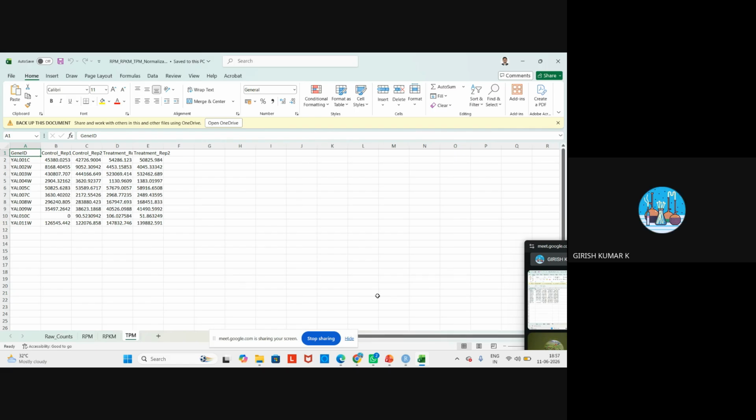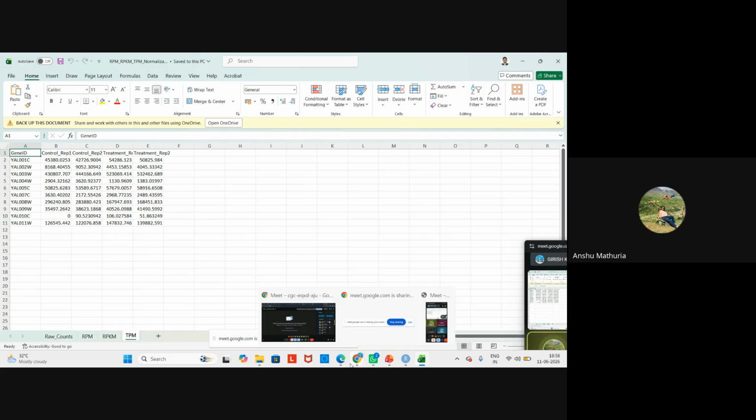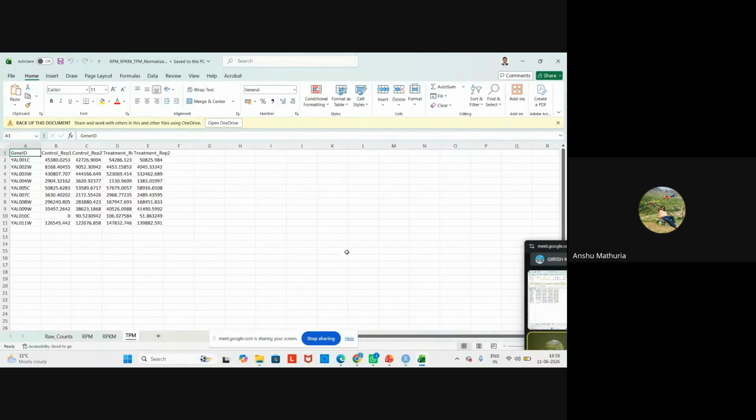This calculation should be more accurate. When we calculate with a calculator, some values will differ from this calculation, ma'am. Yes, I'm seeing some values that differ from my calculation. Please check.